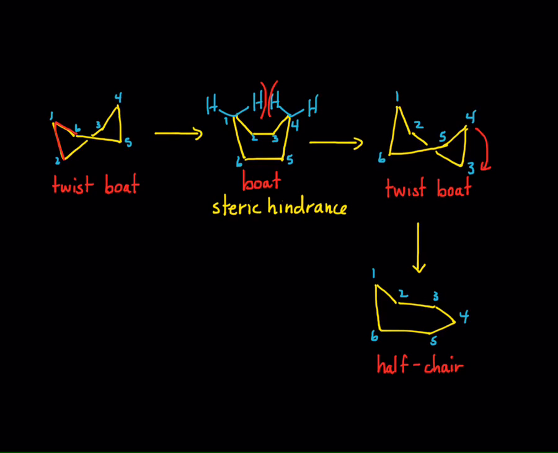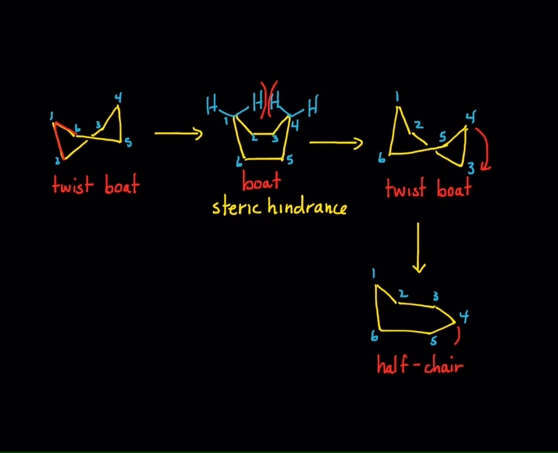And again, we know that it's going to require energy to do so because we have so many carbon-carbon eclipsed bonds. So this is going to be a high transition state conformation.